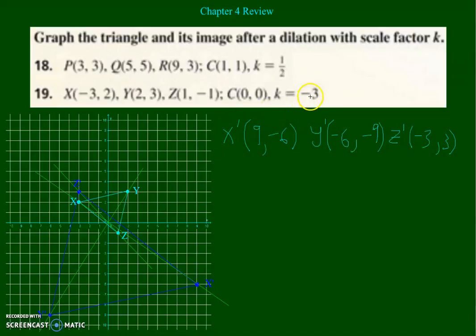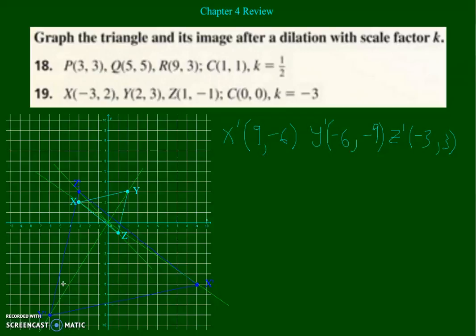But because it's a negative number, the original image points move towards and through the center of dilation. So that's always what's going to happen with a dilation with a negative scale factor. The figure moves and swaps places like it was going through a mirror. And so you can see that the blue triangle is in the opposite orientation as the white triangle as it dilates. So that's just a peculiarity of multiplying by a scale factor of a negative number.